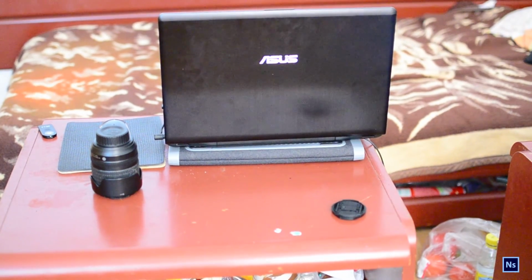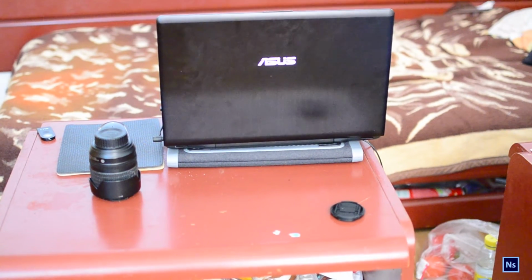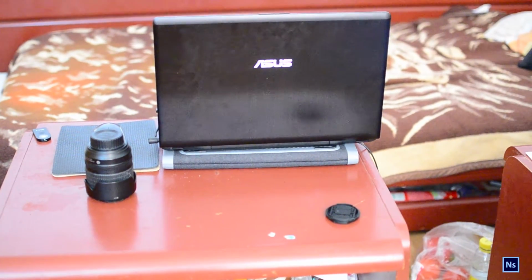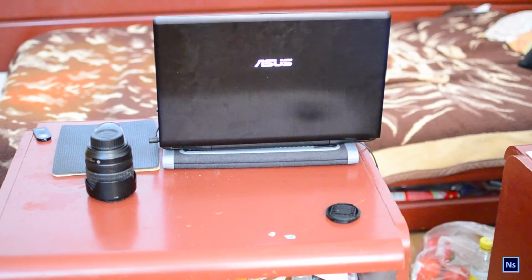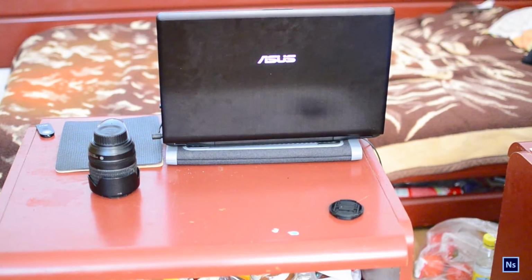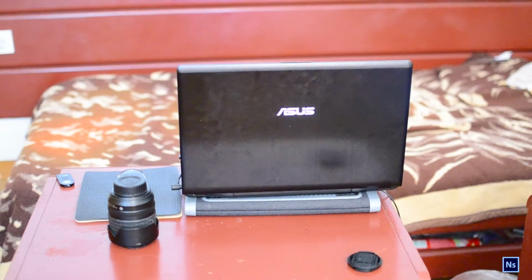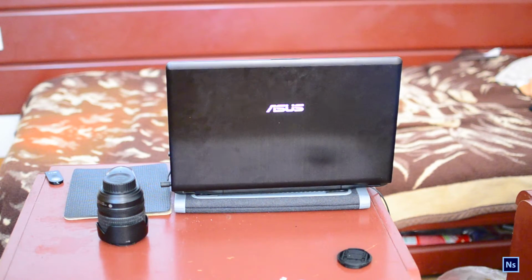Hopefully you could see that the picture got quite bright. Don't mind the focus. I'm only talking about how bright the picture is, the exposure of the picture, or in this case the video.